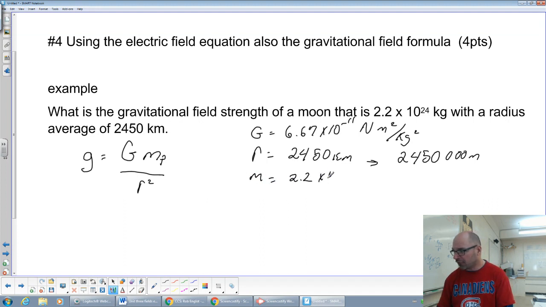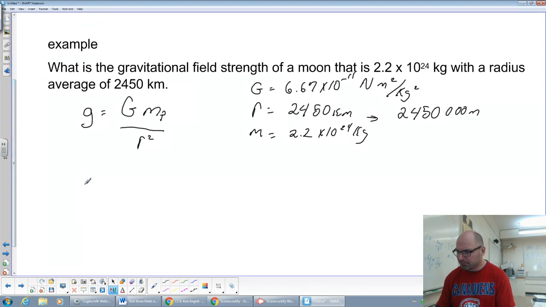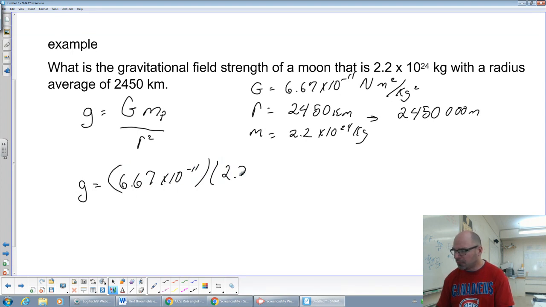Two significant figures in this question. So going to work it out, the gravitational field strength of this particular planet is going to be 6.67 times 10 to the negative 11 times the mass of the planet, 2.2 times 10 to the 24 kilograms, and we have to divide by r squared, which has to be in meters.